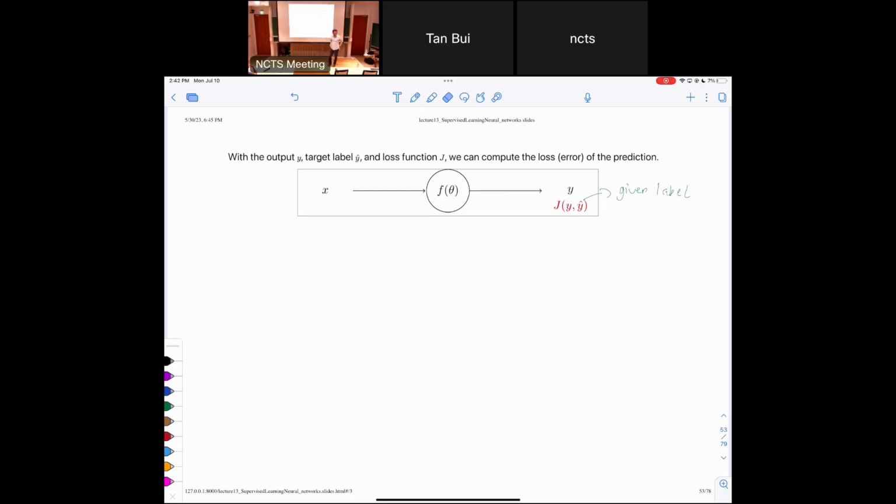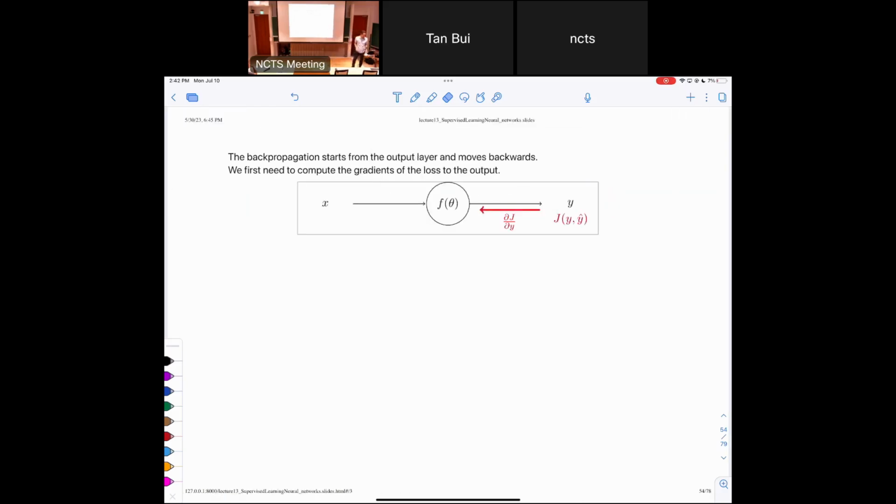Okay, so we're going to calculate first dJ with respect to the output of the network, the last layer here. And then we pass that information to the next layer. We not only need this for evaluating the gradient of J itself, but we also need to compute dJ with respect to the data here, because it's a chain rule.